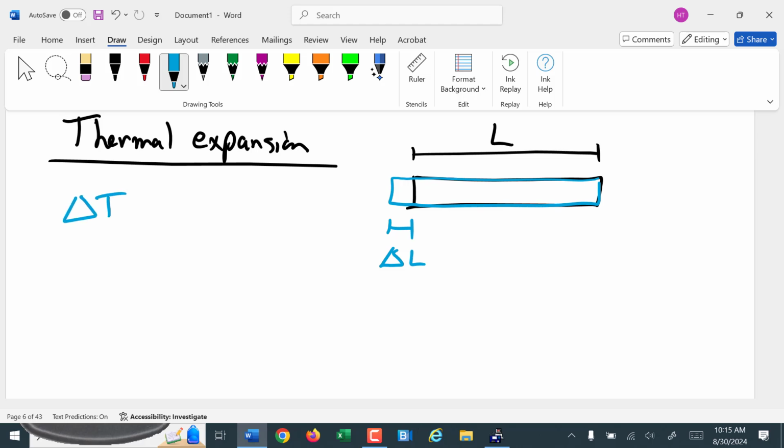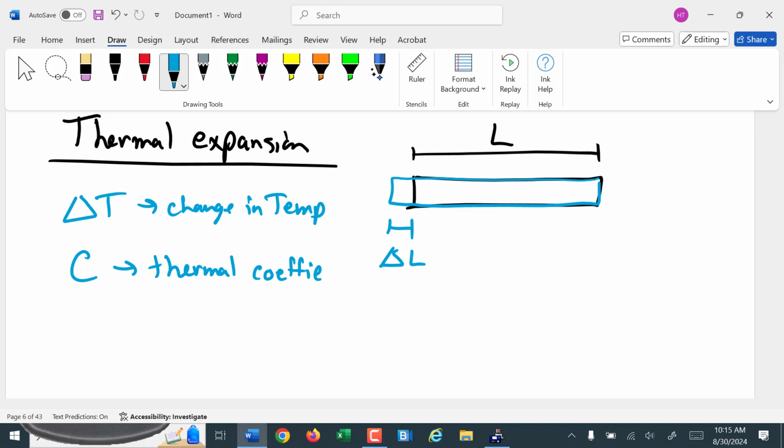Have you guys used that triangle symbol before? Yeah, we have, haven't we? It just means the change in length, or change in a value. Delta T means the change in temperature. And C is the thermal coefficient for the material.